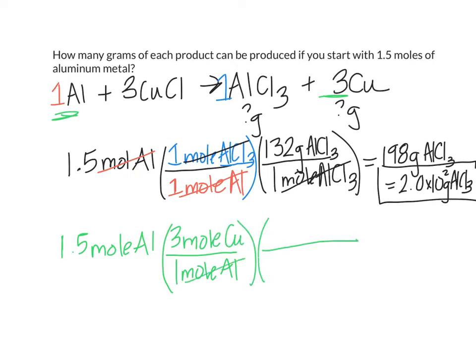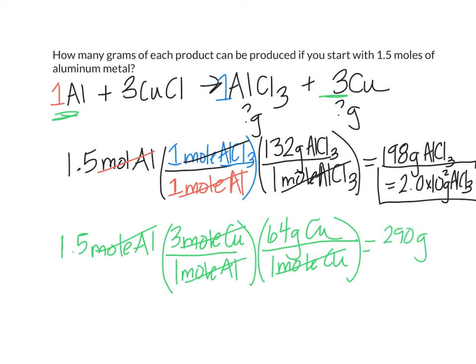So the moles of aluminum cancel. And now we're trying to get to grams of copper. The molar mass of copper from the periodic table is 64 grams of copper for 1 mole of copper. So the moles cancel and we're left with just grams. For the 2 sig figs that we need here, we can do 290 grams of copper, or we can say it's 2.9 times 10 to the second grams of copper.